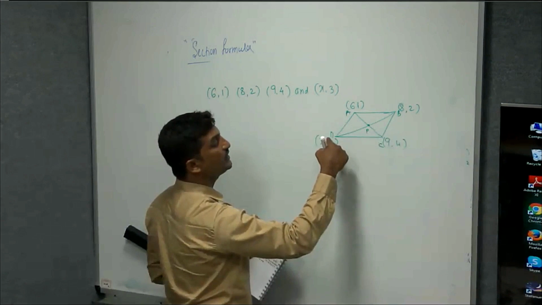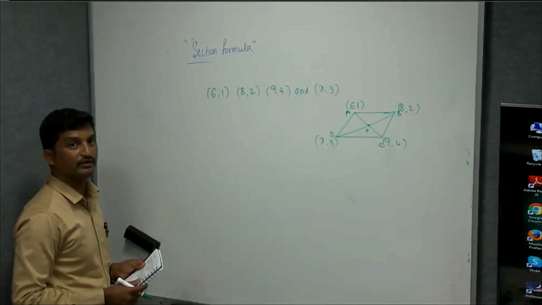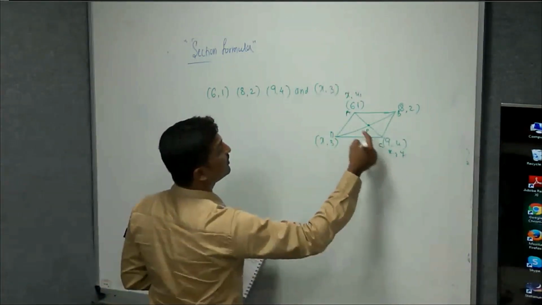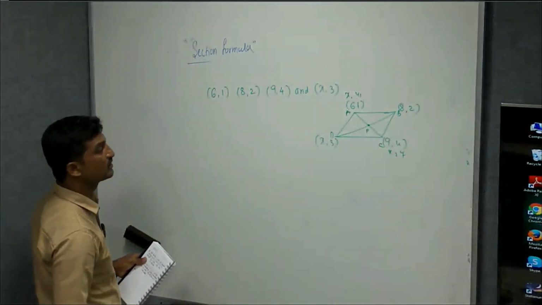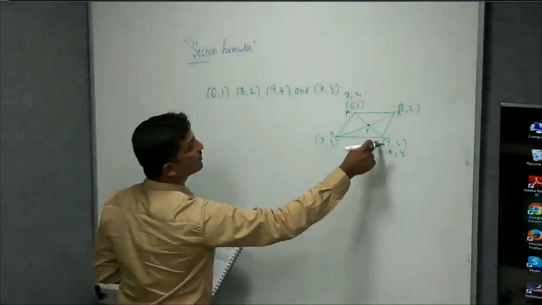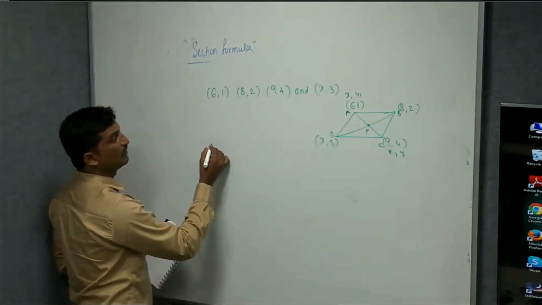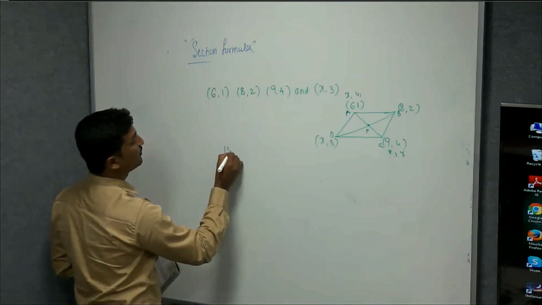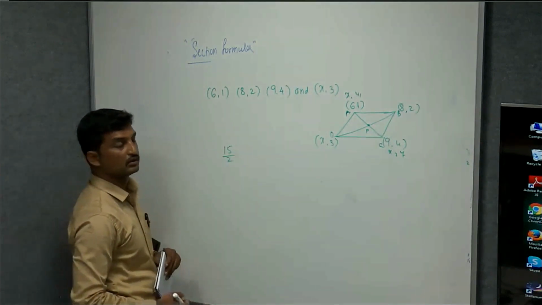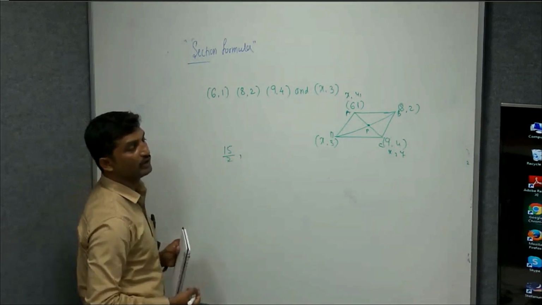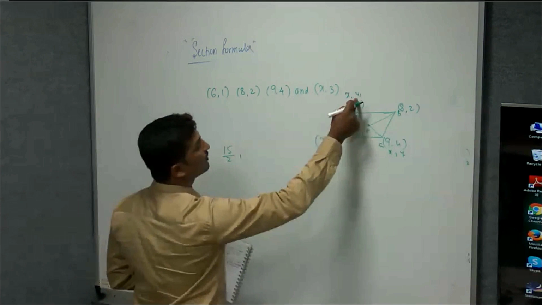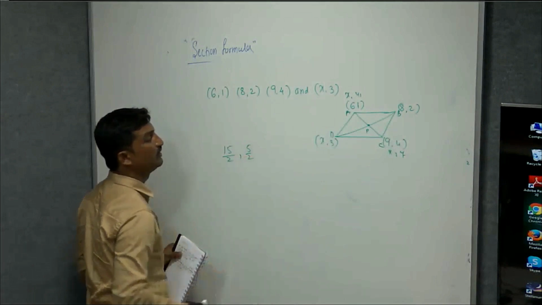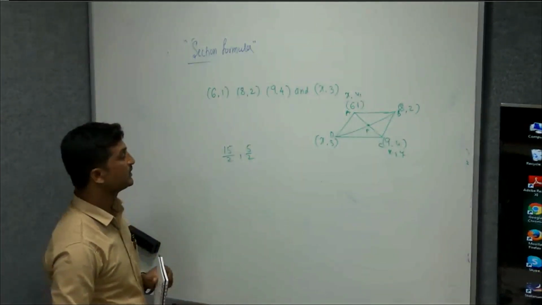Let us take x1, y1 and x2, y2. x1 plus x2 divided by 2: 9 plus 6, that is 15 by 2. In the same way, for the y coordinates, y1 plus y2 divided by 2: 4 plus 1, 5 by 2. Right? These are the coordinates.